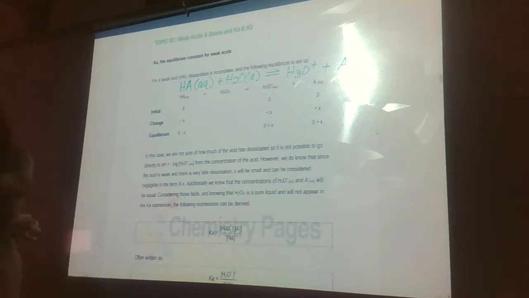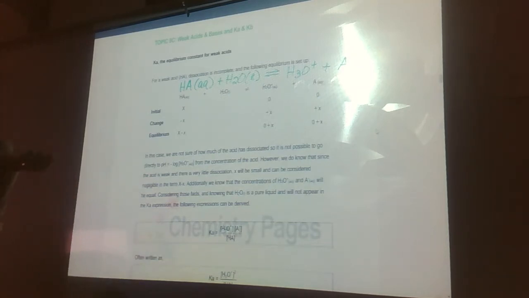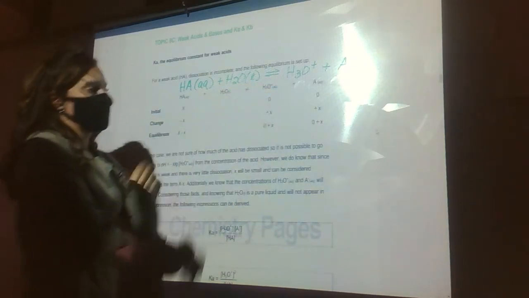And to find the pH of a weak acid, I have to use an ice table to find the hydronium concentration.